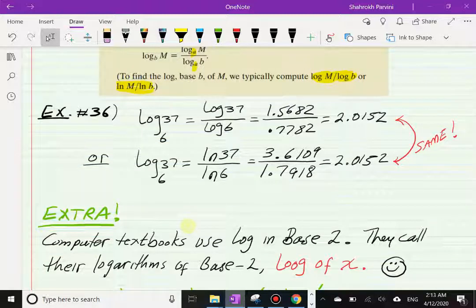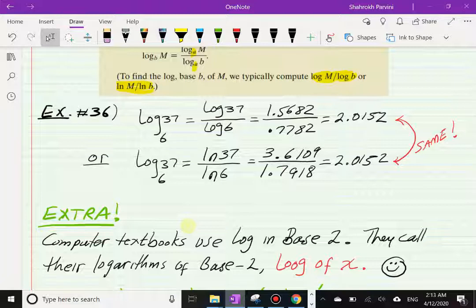They use it for a lot of reasons. For example, they may use it to establish the efficiency of computer algorithms. But in their work, they actually use base 2. I guess base 2 relates to computers nicely because of the 0-1 nature of computers, right? The processors and all that.